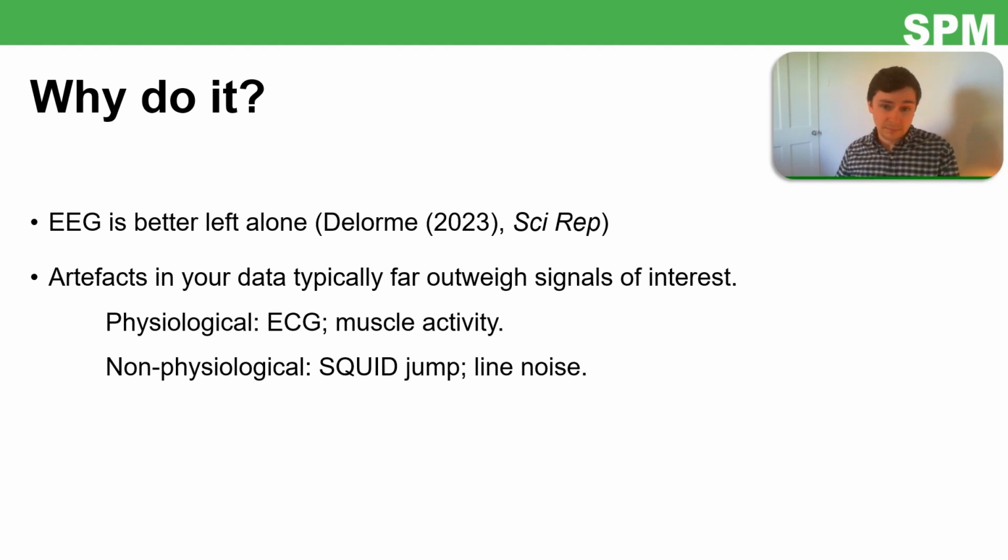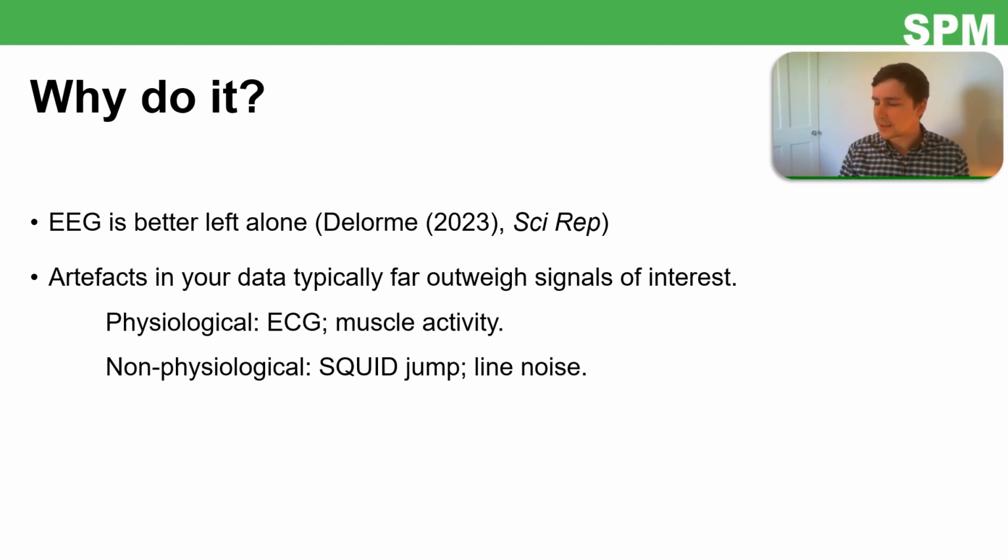And they might also be nothing to do with what you were trying to record or anything from the subject. They could be non-physiological, reflecting some real other magnetic or electrical source in the world. So line noise, for example, that 50 Hertz AC source, which we tend to pick up with EEG and MEG, unfortunately. 50 Hertz in the UK.